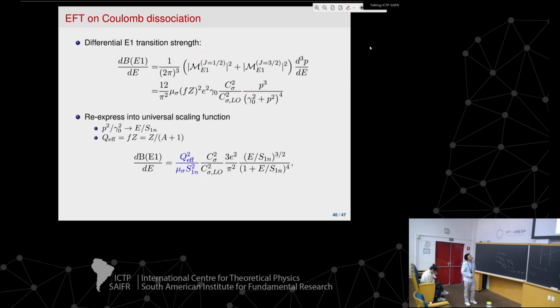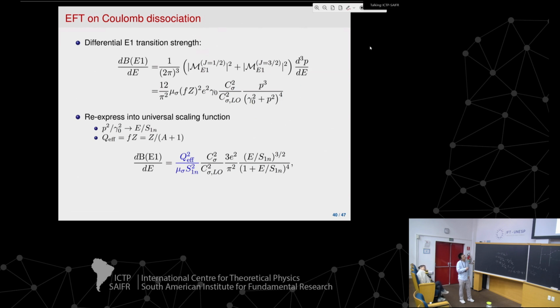This formula actually shows some universal features, because if you put this momentum scale into energy scales, it can be written as the transfer energy divided by the one-neutron separation energy.